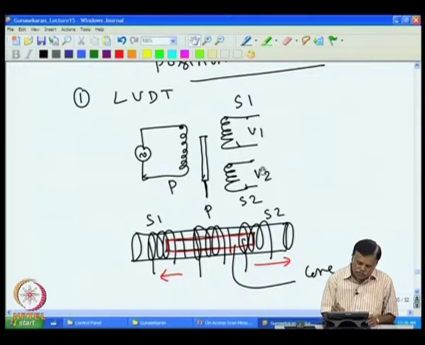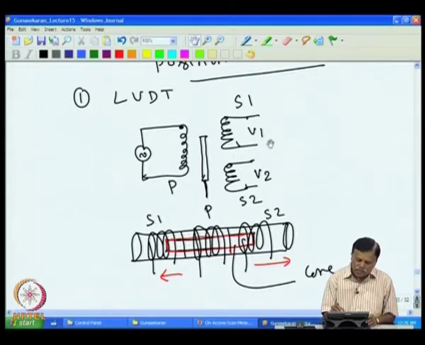Now to get back the old value, I increase the excitation voltage. If I find V1 plus V2 is reduced because of an increase in temperature, I can alter the excitation voltage. If V1 plus V2 comes down, then I increase the excitation voltage.